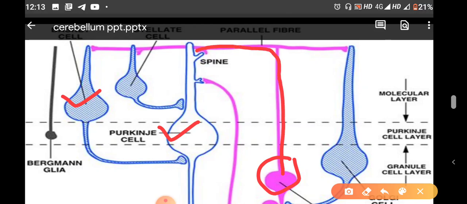So they are exciting the Purkinje cell, and exciting the stellate cell and the basket cells, but these are going to inhibit Purkinje cells. This arrangement is called feed forward inhibition, and this mechanism helps to limit the duration of excitation produced by given afferent impulses.